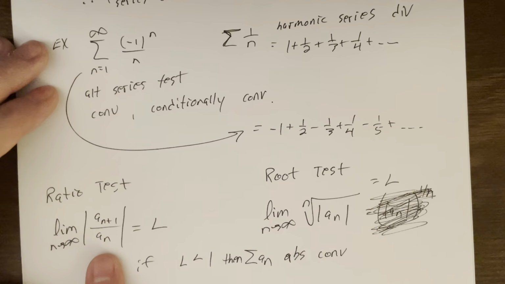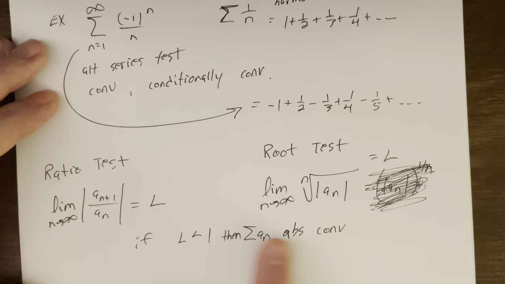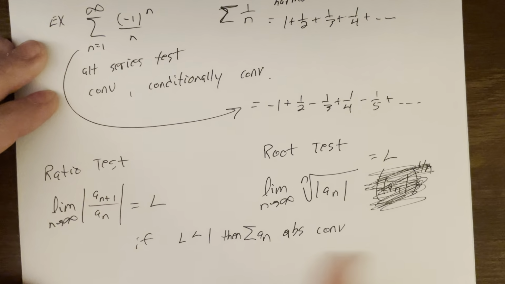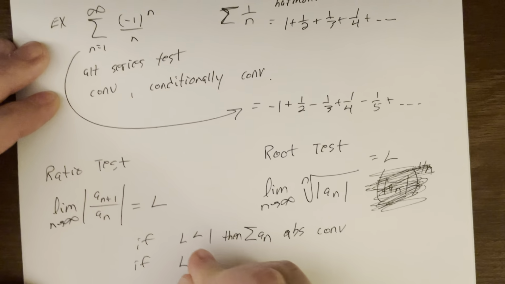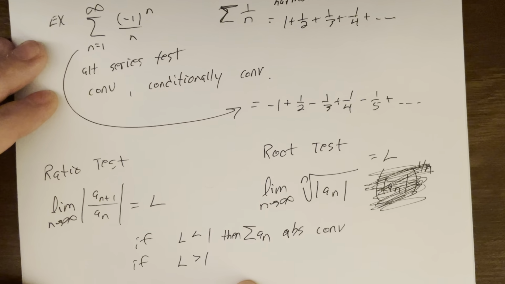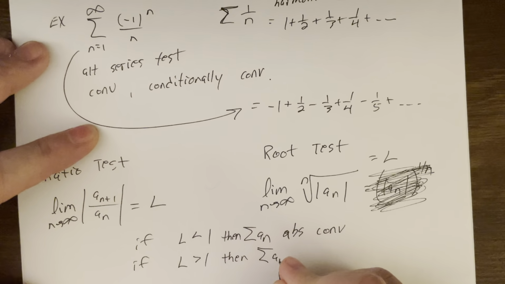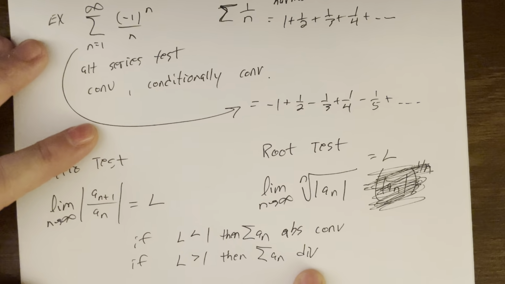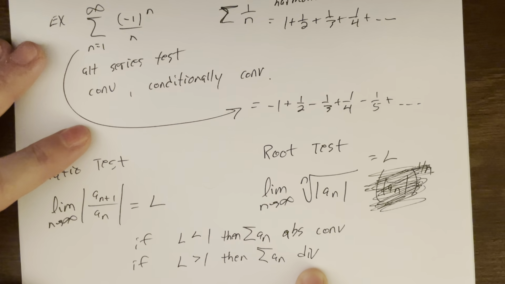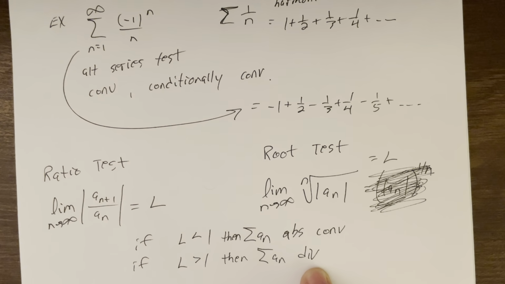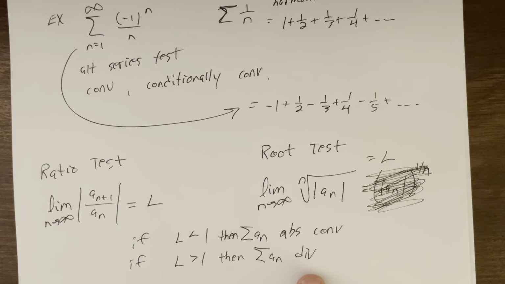This takes that absolute value into account, but for our purposes that would just lead to a conclusion converges. If L is greater than 1, then our series diverges. And there's no other diverges. Again, there's no absolutely diverges, conditionally diverges. Divergent is still just divergent.